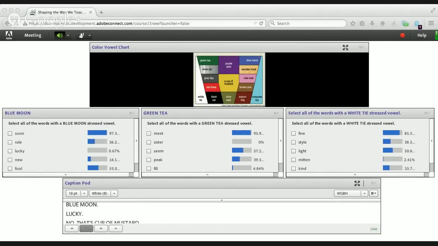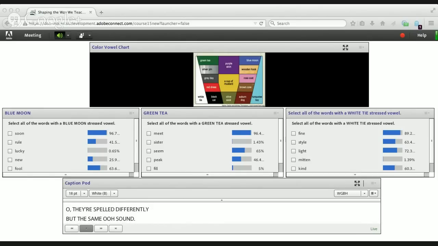Blue, moon, new. You should hopefully hear that it's the same. Fool, absolutely. So this is an example of how soon and fool are double O, while rule and new are spelled differently, but they're the same ooh sound. And then would, nope, wood is wooden hook, not blue moon.